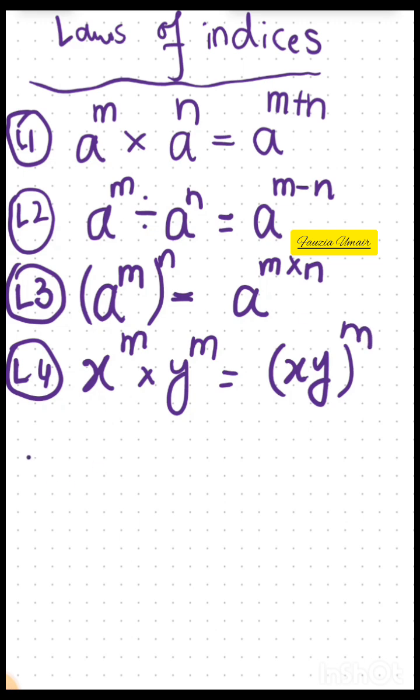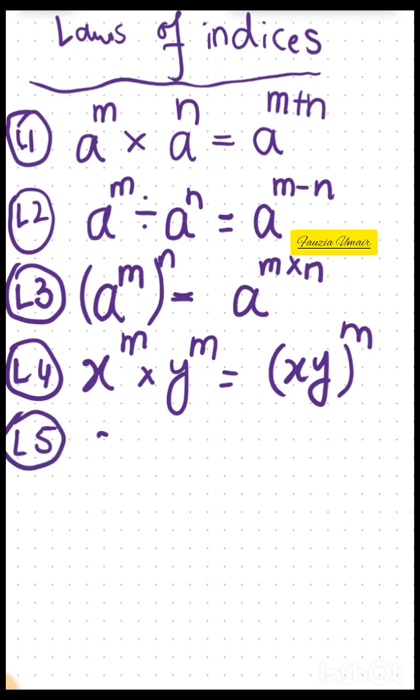This is law 4. So the condition of law 4 is, if the power is same and there is a multiplication sign, we take the power outside as a whole power. The same is the case with law 5. Law 4 and 5, you are observing that they are similar to law 1 and 2.